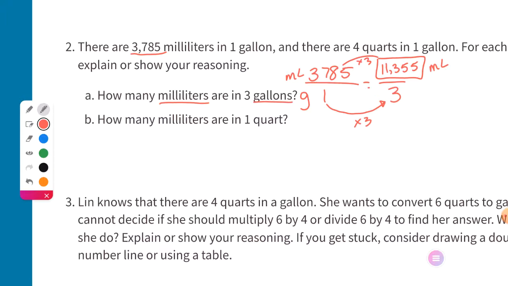Okay, let's talk about this. They gave us 2 different conversions. So let's start with the 3,785 over 1. That's milliliters and gallons, right? But it says it wants milliliters and quarts.